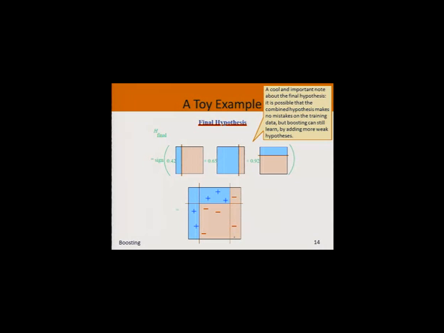This hypothesis, H4, will make a mistake, because my language for hypotheses is just vertical and horizontal lines. There's no way to plug in a vertical and horizontal line for this data set that does not make a mistake. So even though my current final hypothesis makes no mistakes, another weak learner will make a mistake, and it's okay for me to keep going. And as we will see in a second, in fact, it's good for me to keep going, because my generalization error is going to go down.